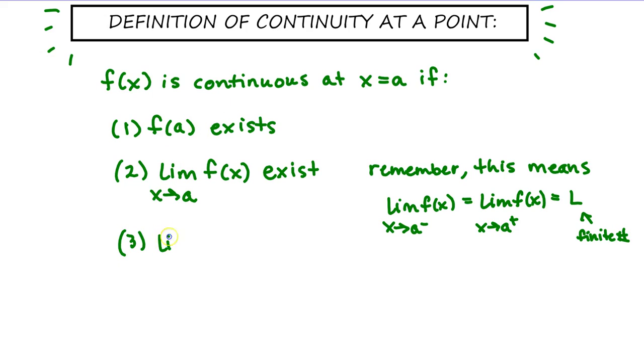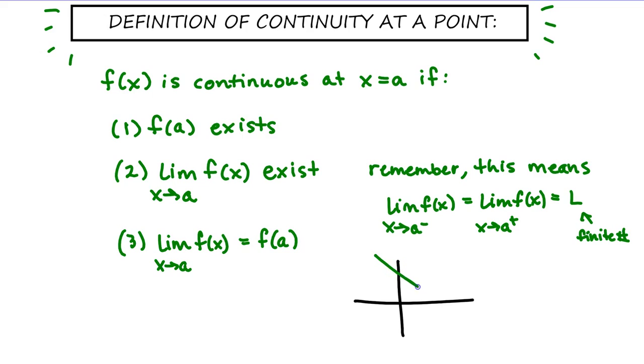They have to be equal. The limit of f(x) as x approaches a must equal f(a). So as a visual, you have the limit. It's coming to the same number from the left and the right. You have the point, and it is the same number as the limit. That makes it continuous.